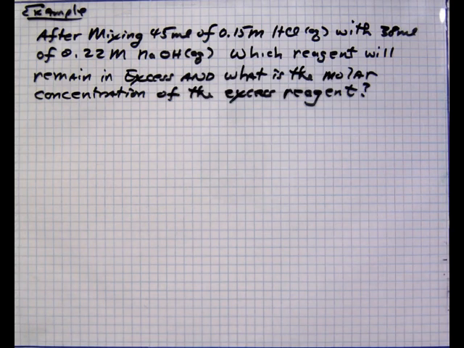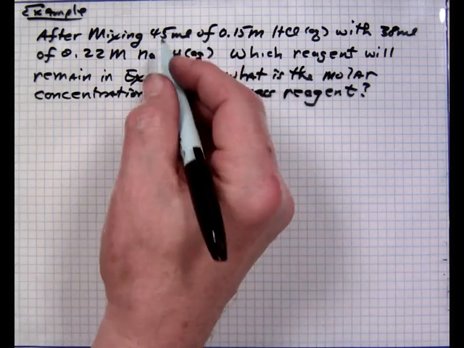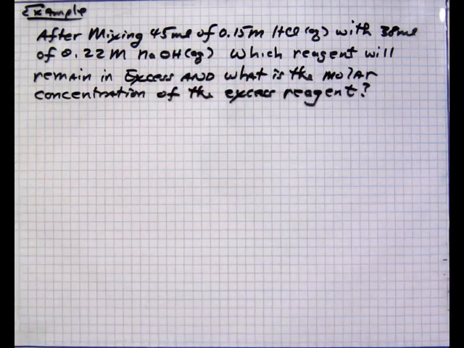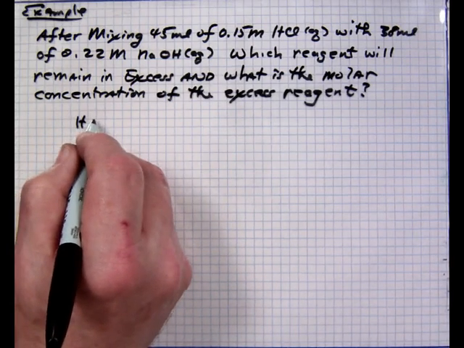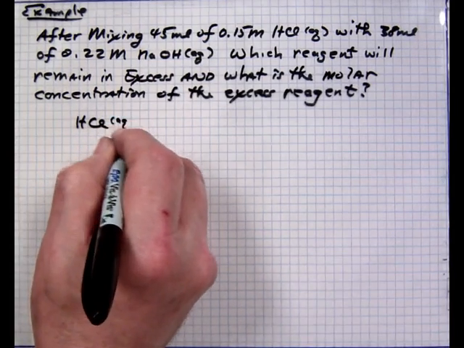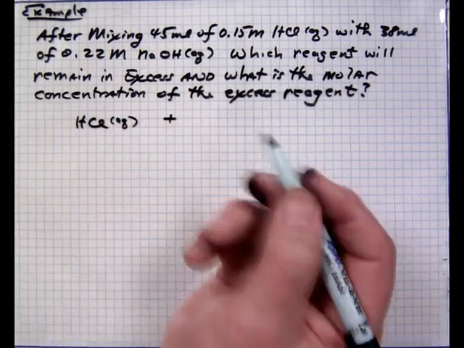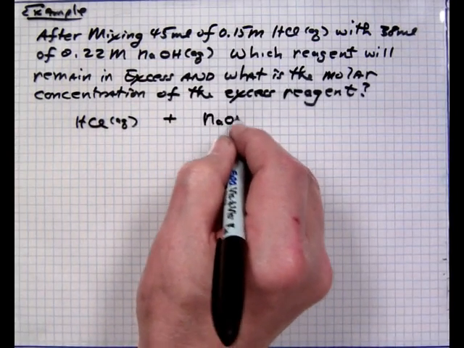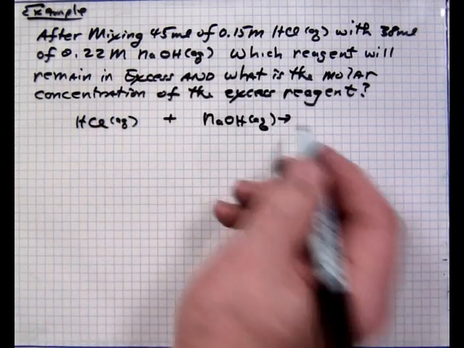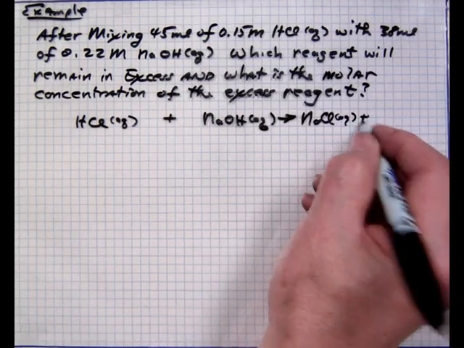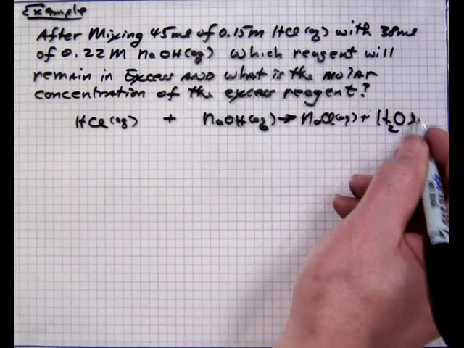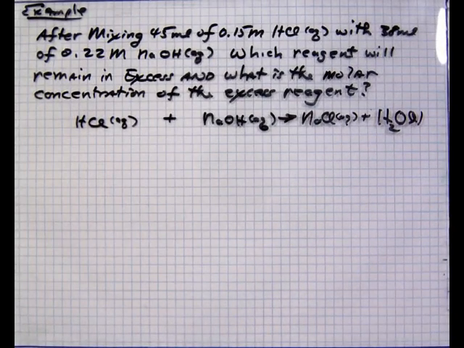When approaching a mixing problem like this, what I find useful is to first work relative to the equation of the reaction, like this: HCl, aqueous, plus NaOH, aqueous, will produce sodium chloride, aqueous, plus H2O as your weak electrolyte.